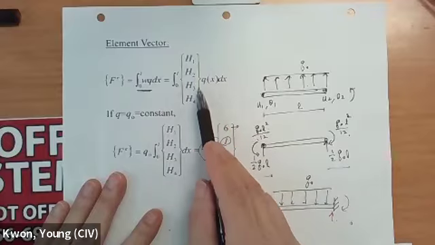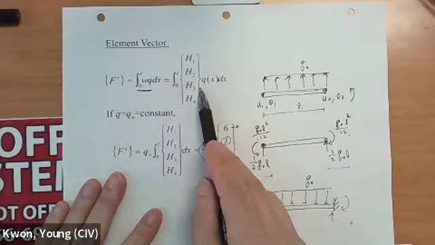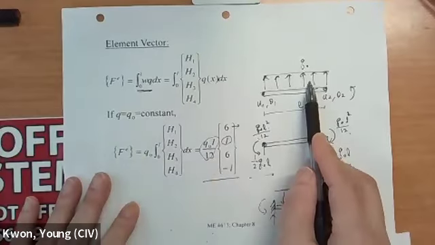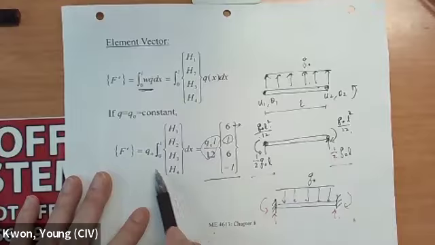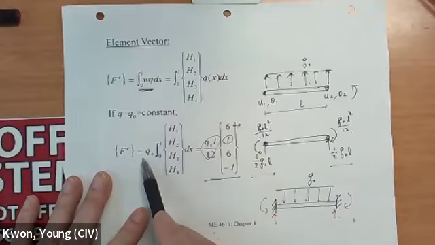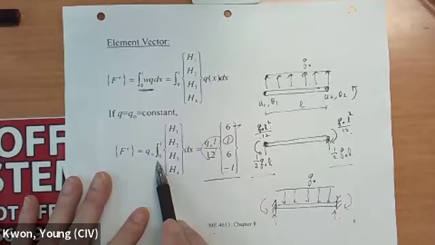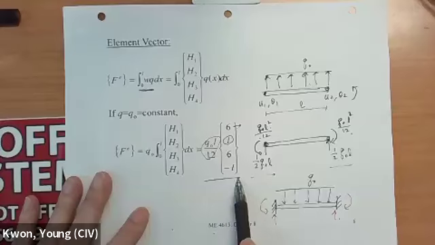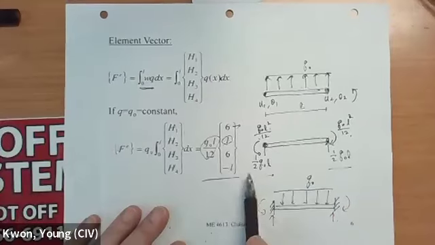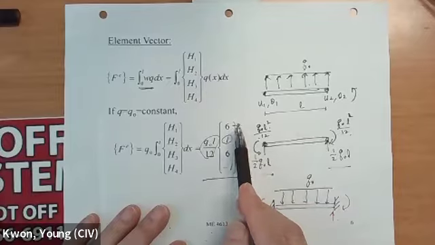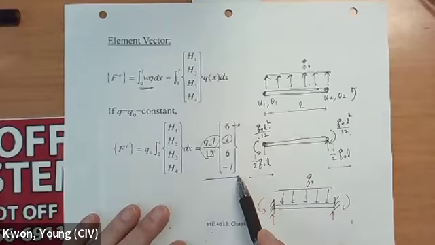So H1, H2, H3, H4, and Q should be given. And if Q is a constant pressure loading, then you evaluate the integration of H1, H2, H3, H4 from 0 to L over the element length, and you come up with this value. And what is the physical meaning of this? The first one is force, then moment.